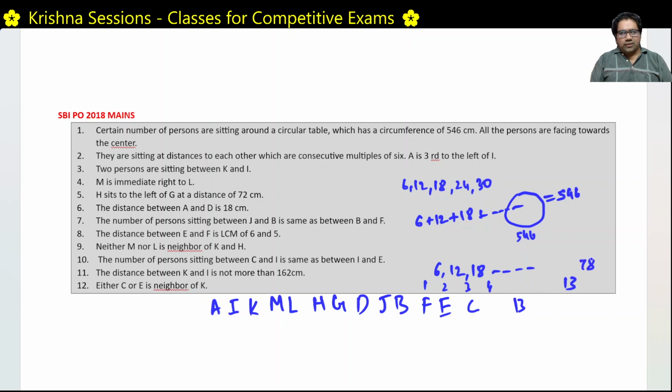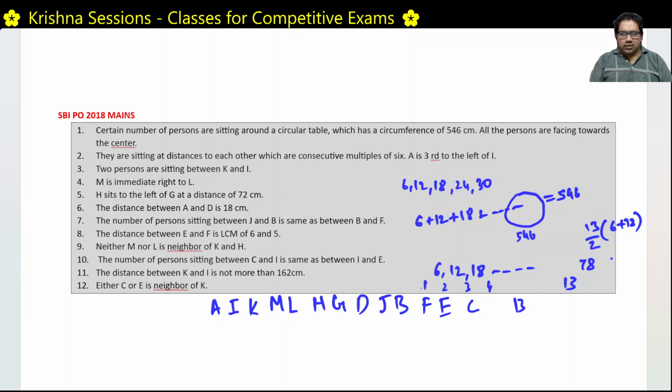Then between the 13th person and the first person, the distance would be 78 centimeters. Let's see what is the sum of 6 plus 12 plus 18 plus whatever. We know there are 13, so arithmetic progression: 13 by 2 into 6 plus 78.